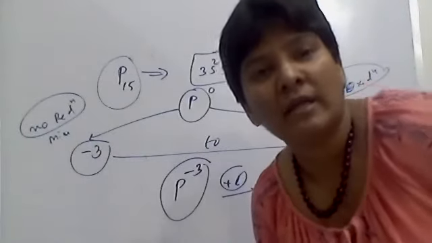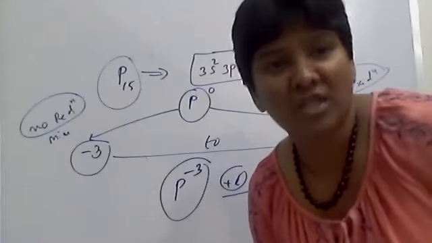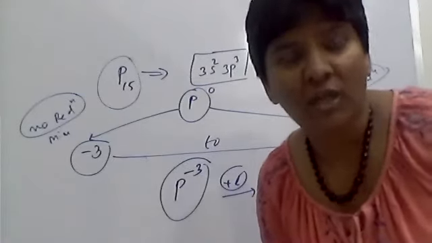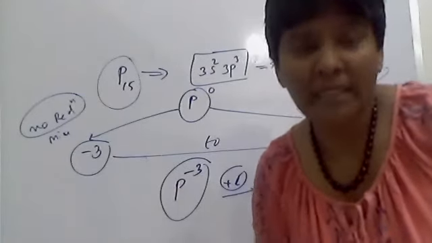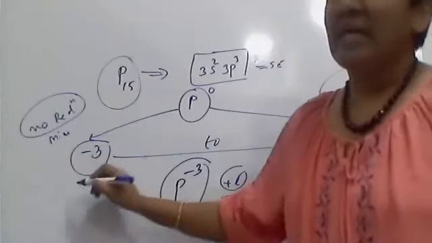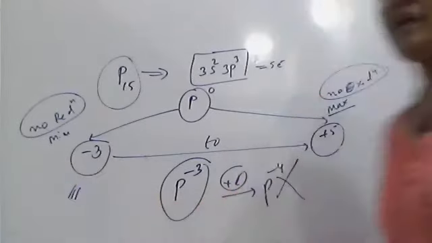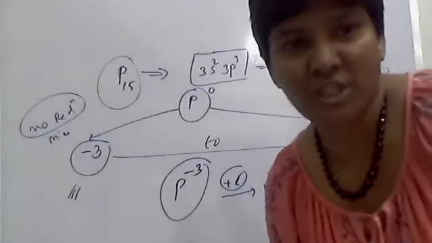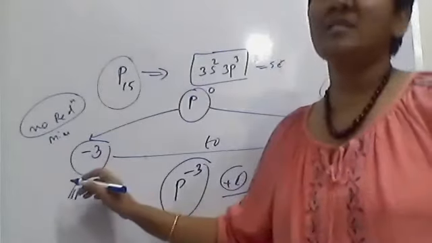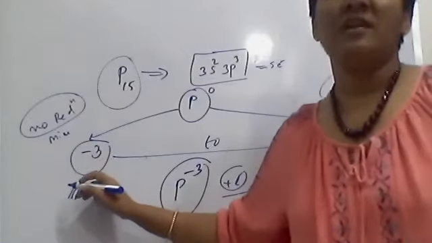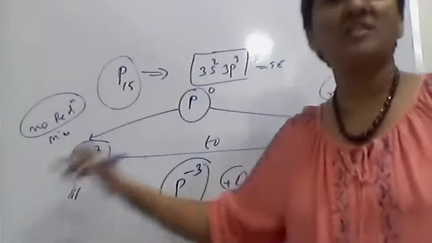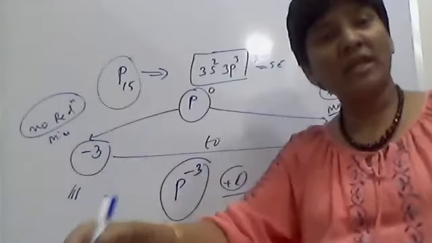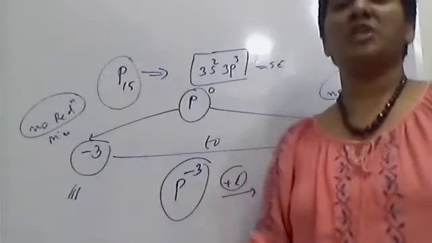Any element which shows a minimum of 3 oxidation states can show disproportionation. But an element in its least oxidation state and in its highest oxidation state does not undergo disproportionation, because in the least state there is no further chance of reduction, only oxidation, but both together are needed for disproportionation.